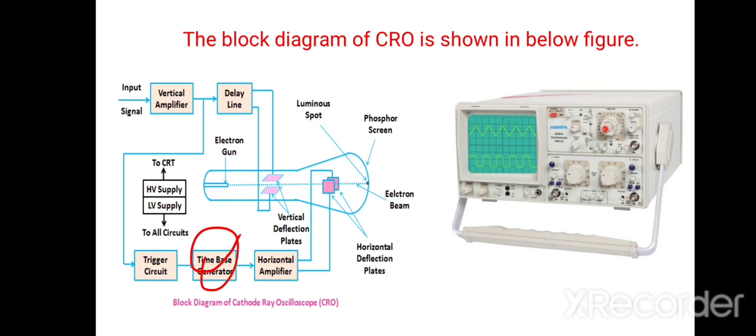Thus, a small delay occurs, and the signal reaches the vertical deflection plates before the horizontal plates, but this causes distortion of the signal on the screen.